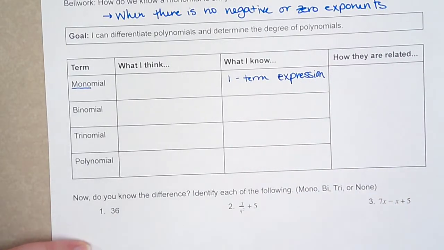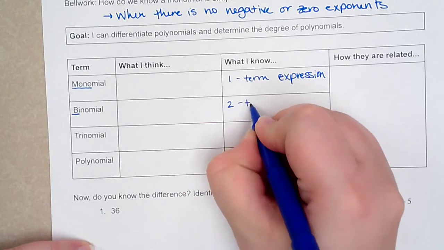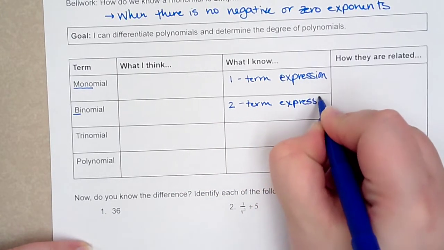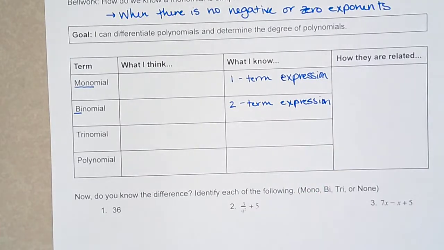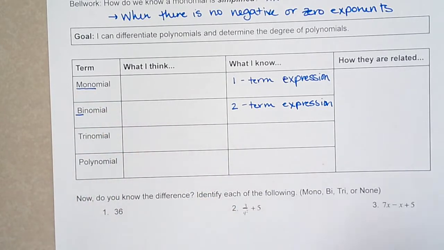A binomial then, much like a bicycle, has a two-term expression. And two-term doesn't mean two variable. It means two distinct ideas separated by addition or subtraction. You can think of a monomial like a monocycle, single tire.